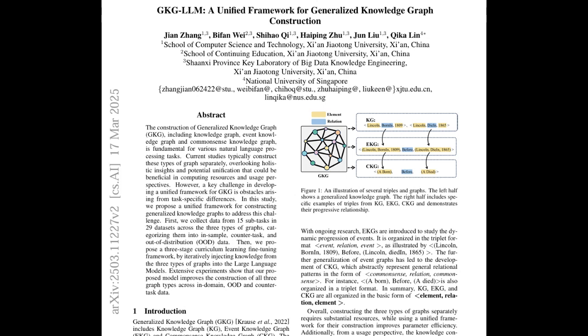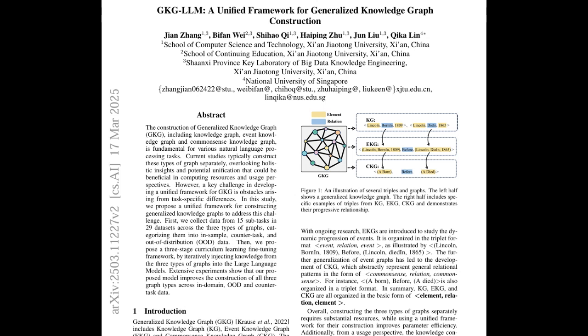Can you give us some concrete examples? Sure. Just within the realm of knowledge graph construction, you have things like sentence-level relation extraction, where you're trying to identify the relationship between two entities within a single sentence. Okay, so that's pretty focused. Right. But then you also have document-level relation extraction, where you need to understand how entities are connected across multiple paragraphs or even an entire document. So the scope of the task gets much broader.